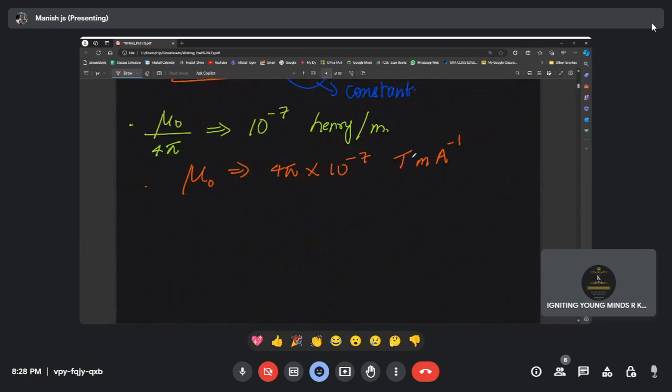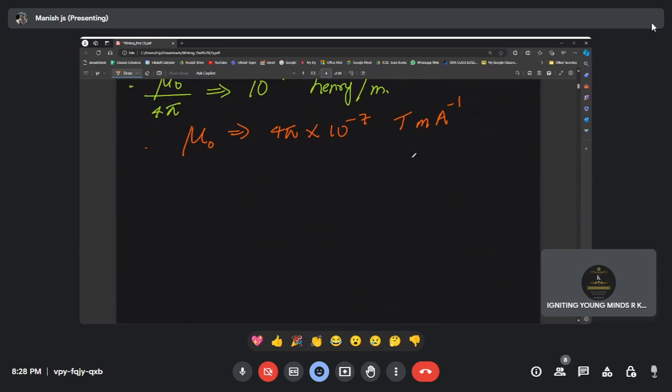Now we are going to learn the magnetic field due to different cases. We have learned for a general case: what is the magnetic field due to a current carrying conductor? Not a straight conductor, but an arbitrary conductor. Now we are going to apply the same for different variations and get the relations for the magnetic field.